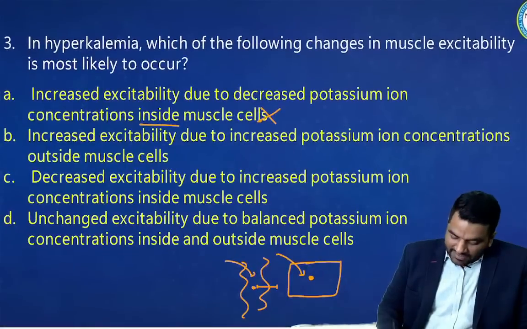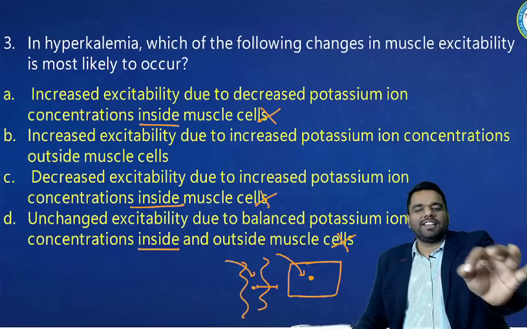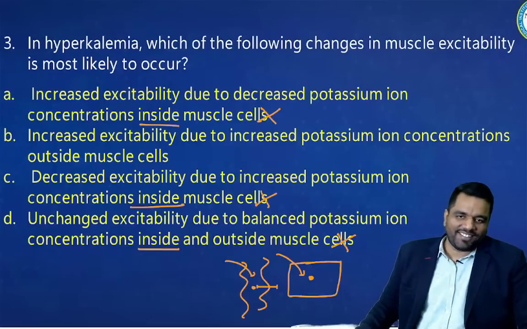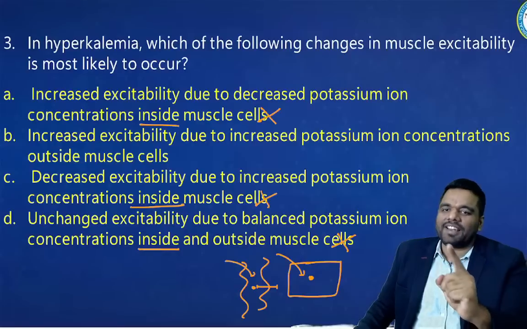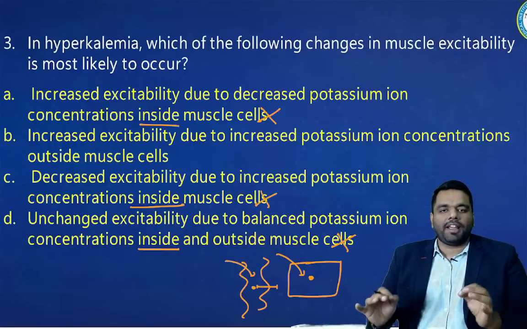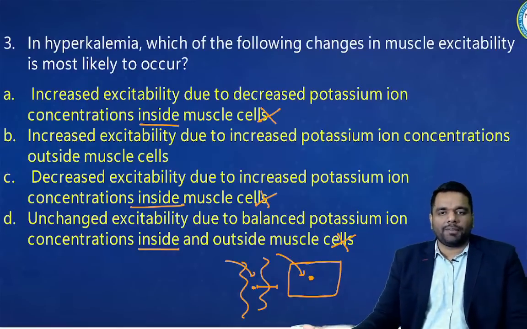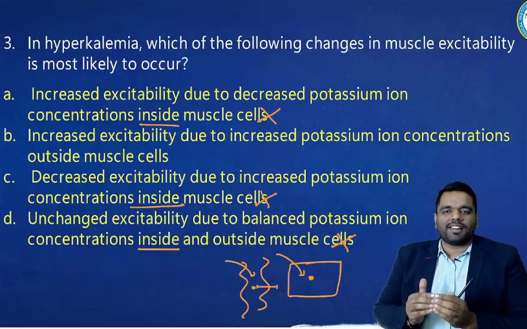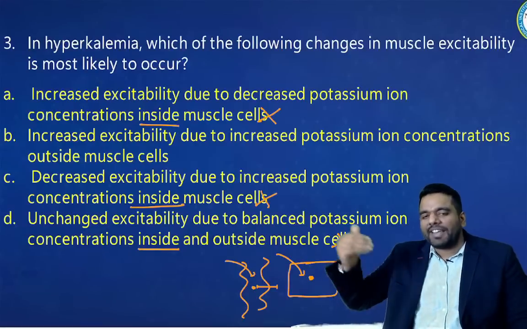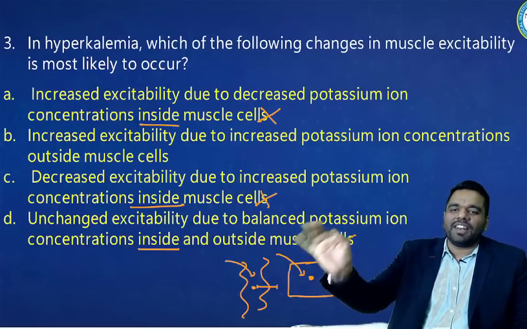Another one, inside again, wrong. The third, again inside, wrong. So if you know even one thing, you can easily rule out the remaining options. Even if you don't know what happens to the excitability of the cell, if you know the definition of hyperkalemia, that the potassium ion concentration must be increased outside of the cell, and outside of the cell appears in only one option.